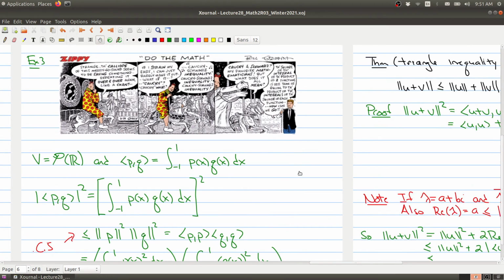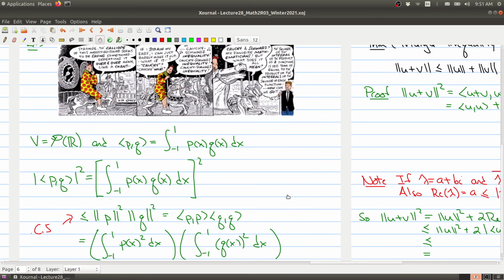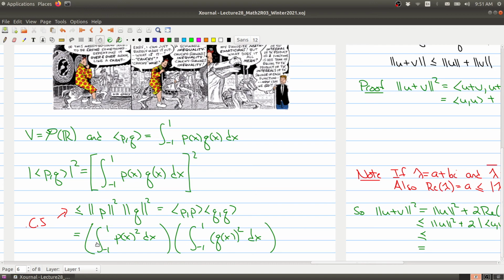That's exactly what they're saying in the comic: the square of the integral of the product of two functions is less than or equal to the product of the integrals of the square of each function. So we're squaring each function and then taking its integral. That's another way of saying the Cauchy-Schwarz inequality applied to polynomials. We'll stop here for part 3, and in part 4 we'll look at some classical results from geometry.